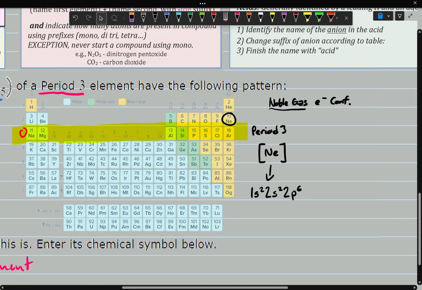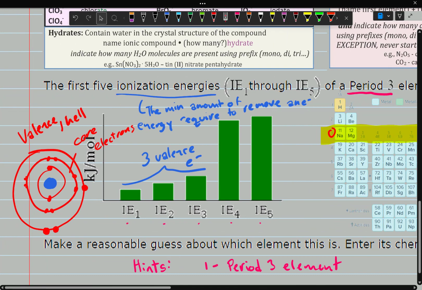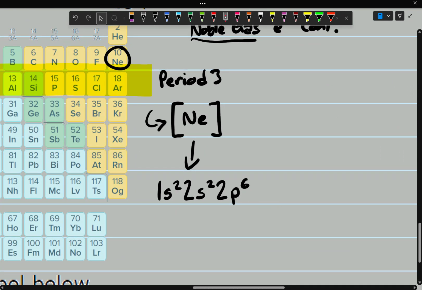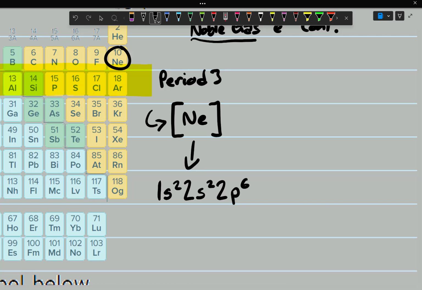So our noble gas starts with neon, and we're looking for 3 valence electrons. All we need to do is add on to our noble gas configuration 3 more electrons. What comes after 2p? 3s.